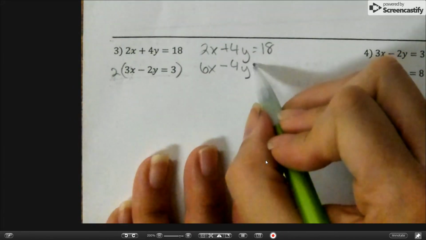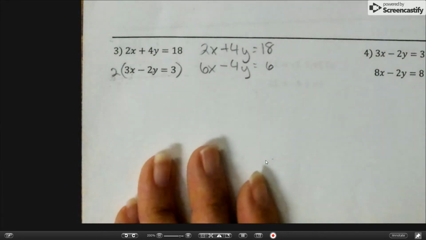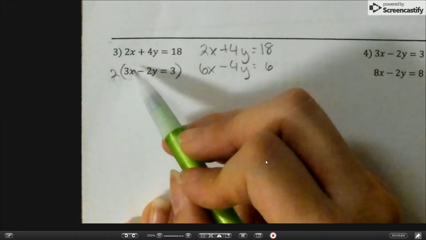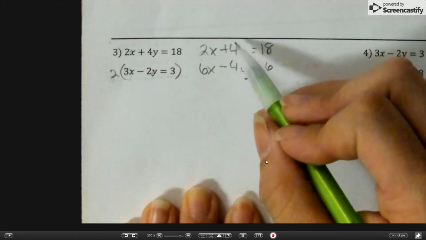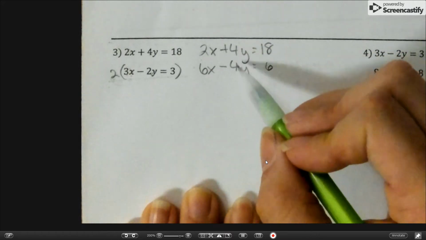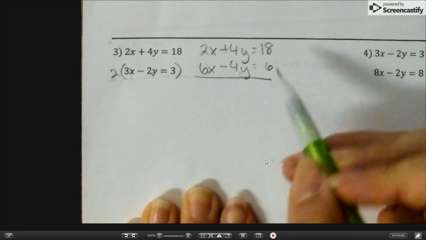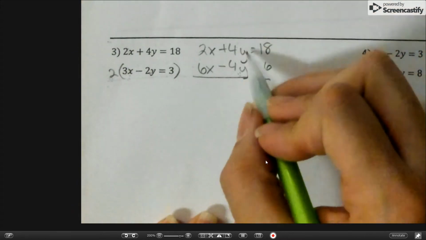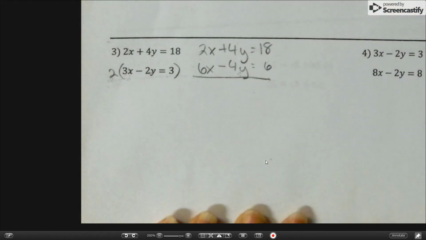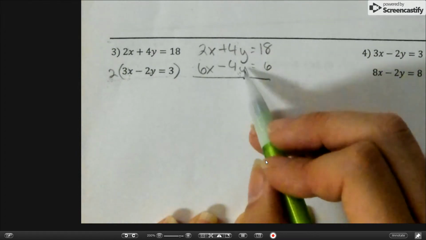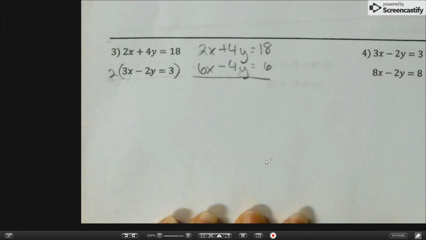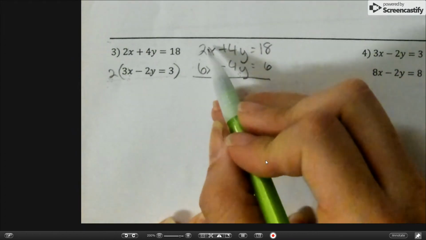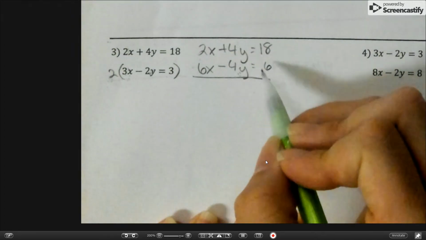And 2 times 3 is 6. So when we multiply this whole thing by 2, that gives us our opposite numbers. When we add them together, we get 0, and that's what we want so that we can eliminate this variable first. So I'm going to add my equations together now.